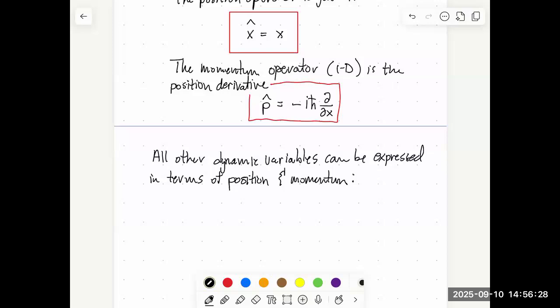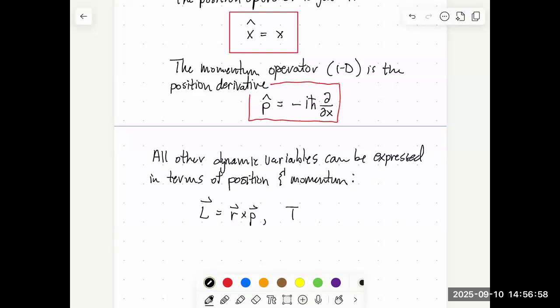Okay, so for example, how are we doing time-wise? Okay, we've got like 20 minutes. So for example, if you wanted angular momentum, it's the cross product between position and momentum. So we could write down a three-dimensional position operator and a three-dimensional momentum operator, evaluate the cross product, and now you have the operator for angular momentum.